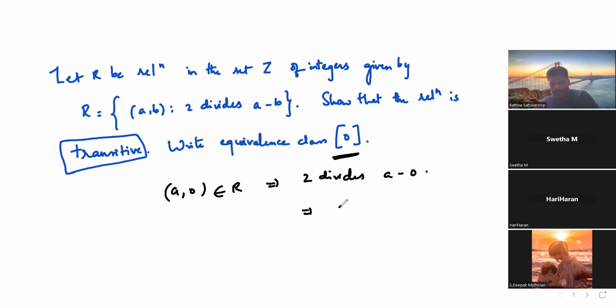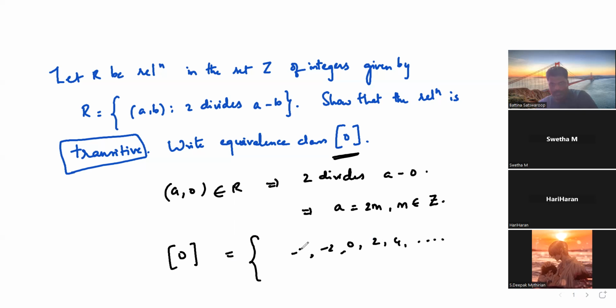Already you know that a is equal to 2m where m belongs to integers, right? So what will be the equivalence class? All even numbers, correct? What are all the even numbers? 0, 2, 4, and so on, minus 2, minus 4, minus 6, and so on. This is the equivalence class, sir.